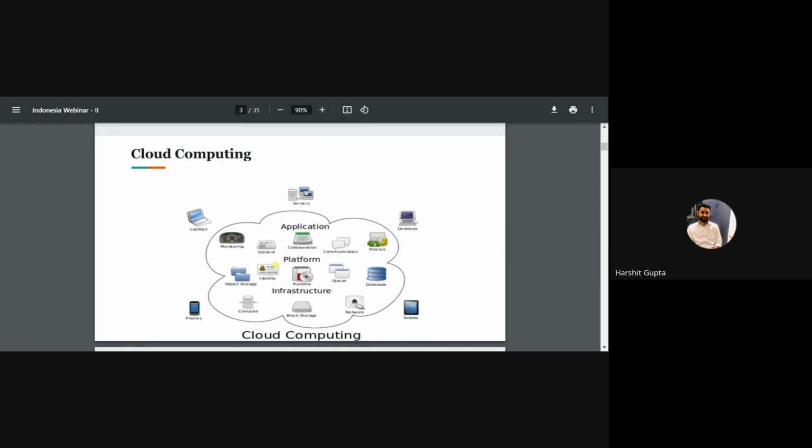All these laptops, phones, tablets, desktops are used by users. They use these communication mediums to access all the services given by the cloud as an application, as a platform, or as an infrastructure. So this picture clearly depicts what cloud computing is and how it is used by different users. The user could be any organization or a person.